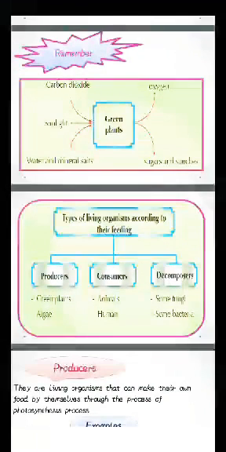Now, living organisms are classified according to their feeding into three types: producers, consumers, and decomposers.